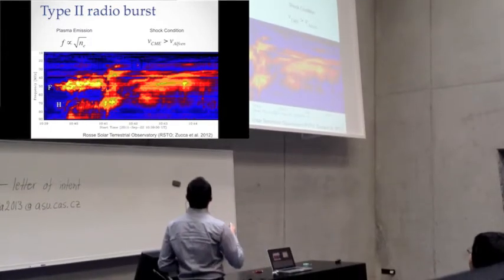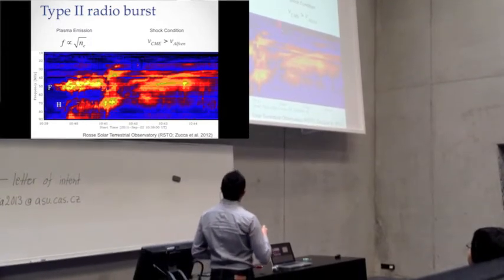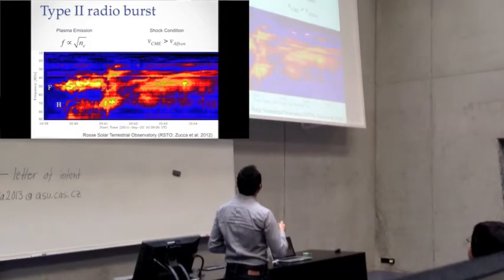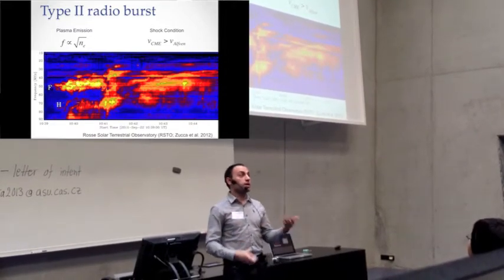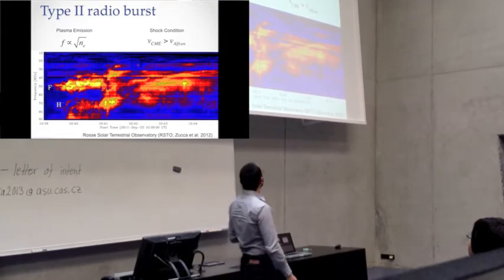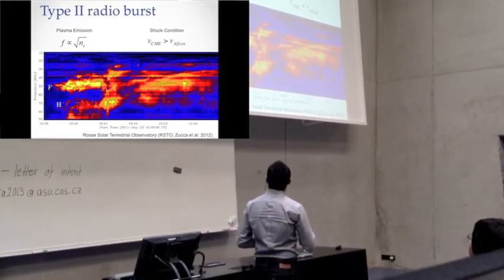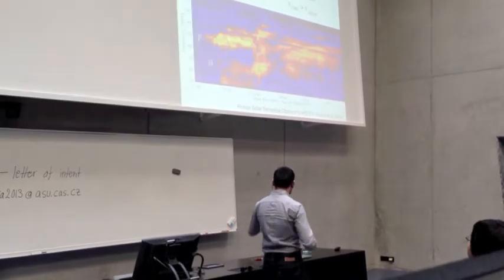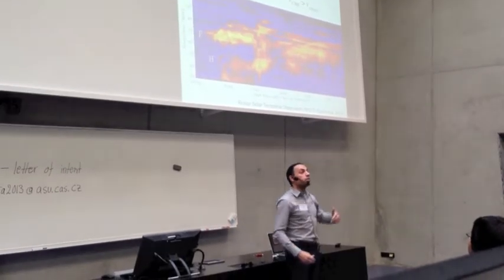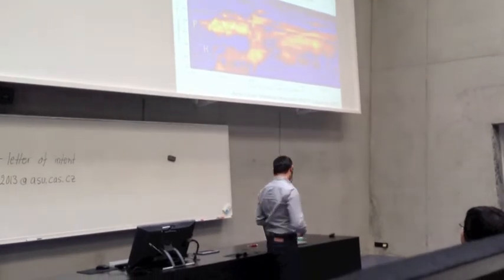Another characteristic of the shock is that the velocity of the driver, in this case for example a CME, has to be faster than the Alfvén speed. When this happens, we have this type 2 emission that slowly drifts towards lower frequency as the density of the corona decreases with height.